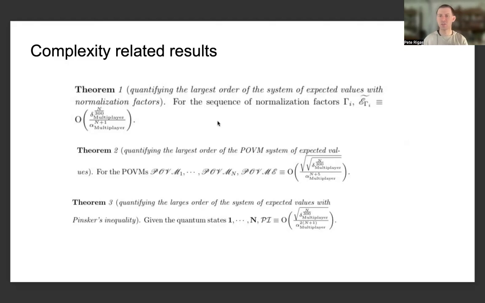Big O notation is often used in complexity theory because it describes the best algorithmic estimate or guarantee for achieving and maintaining some type of prospective quantum advantage as far as information processing goes. The three main results which I'm going to focus on, relating to computational complexity, are these three big O results, which look at ratios of various constants that we can define for multiplayer games, as well as the multiplayer anchoring probability.